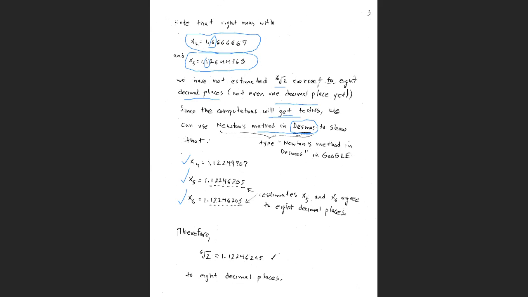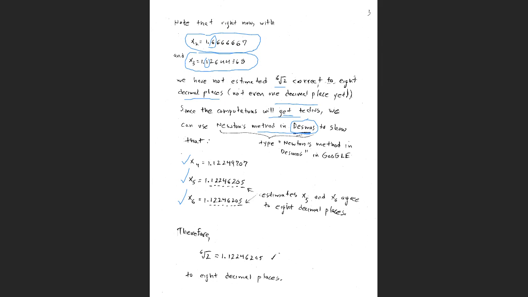Now you can use your TI-83/84 calculator as well. If you just go to Google and type in using Newton's method for TI-83/84 calculator, there is a way to do that. It involves storing an x value and writing a formula on your calculator, and that's okay. You can learn how to do that.